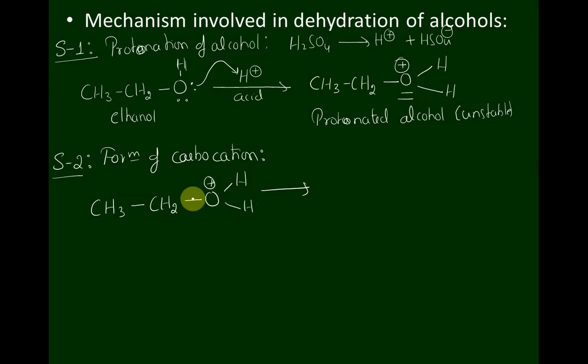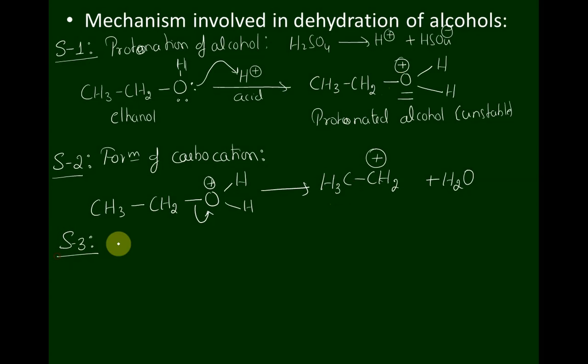In protonated alcohol, the sigma bond pair of electrons between carbon and oxygen breaks and moves towards the oxygen atom and is liberated in the form of water, forming a carbocation, CH3CH2+. So from the alpha carbon atom, cleavage of the oxygen atom takes place. Now from the beta carbon atom, cleavage of a hydrogen atom has to take place.